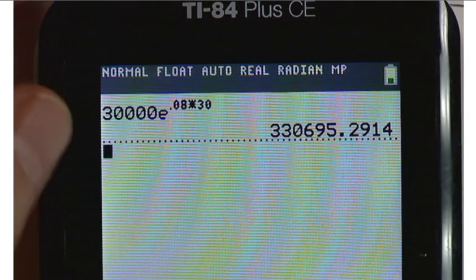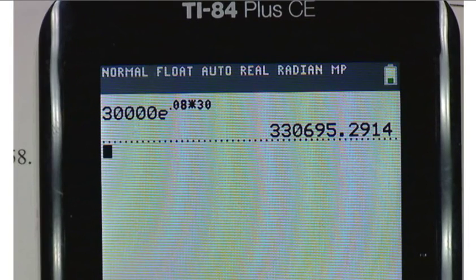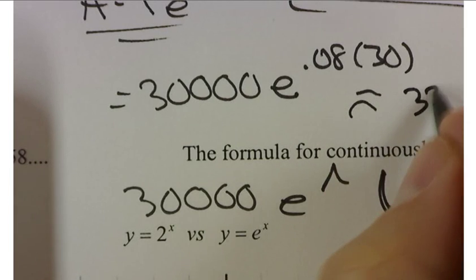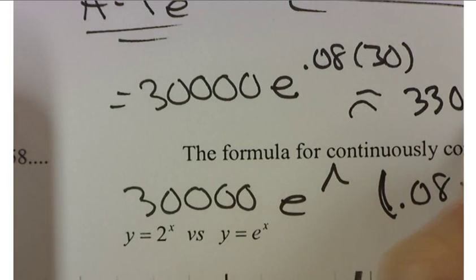So did it make a nice difference? Yeah, I'd say it's worth driving a little extra ways to get the continuously compounded interest. You should end up with approximately 330,695.29.